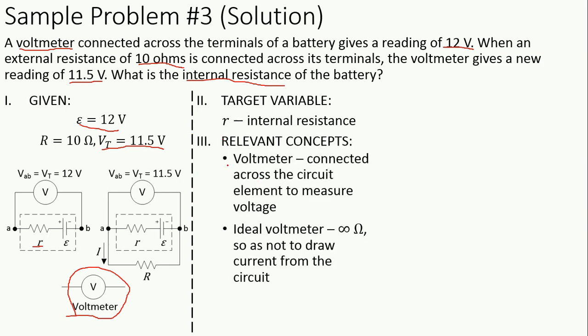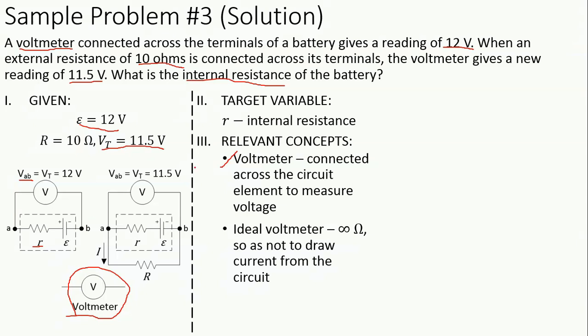Recall the use of a voltmeter. A voltmeter is a measuring instrument. It is connected across the terminals of any part of the circuit where we wish to measure the voltage. So in this case, we connect the voltmeter at these 2 points A and B to measure the potential difference between points A and B.